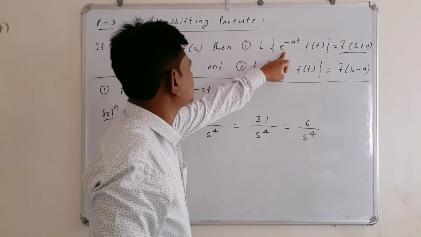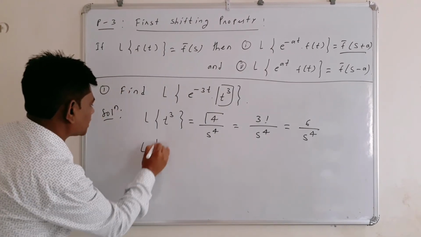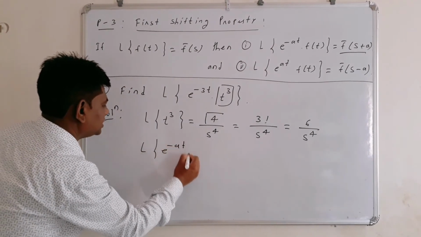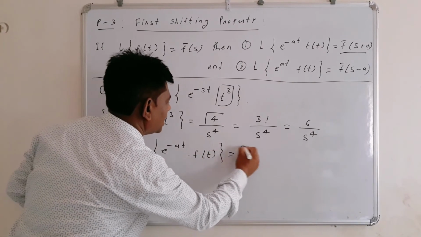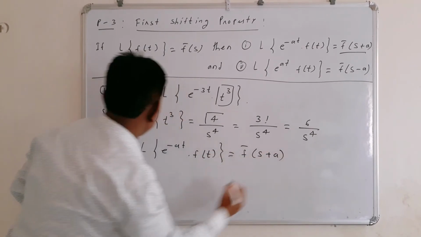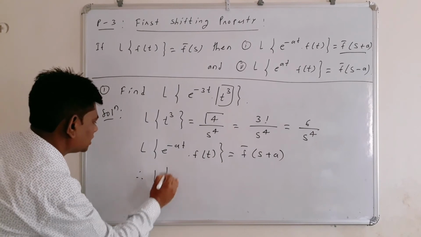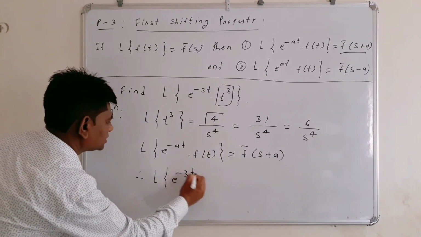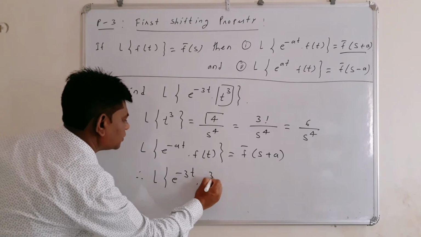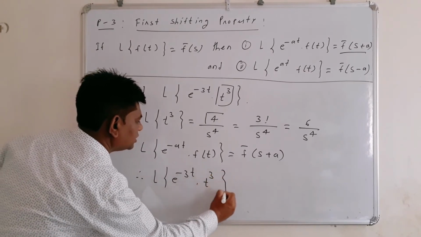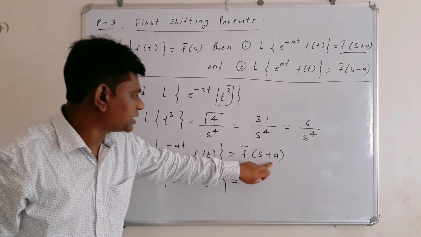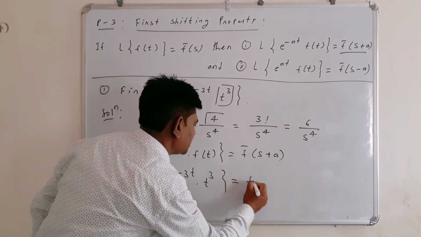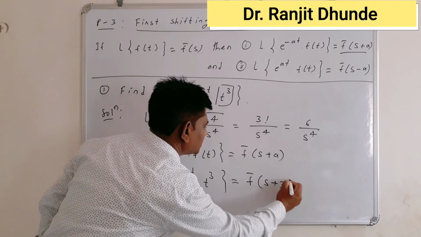Now Laplace transform of e to the power minus at times f of t is equal to f bar s plus a. Therefore Laplace transform of e to the power minus 3 times t into t to the power 3 is equal to, here a is 3 and the answer is f bar s plus 3.